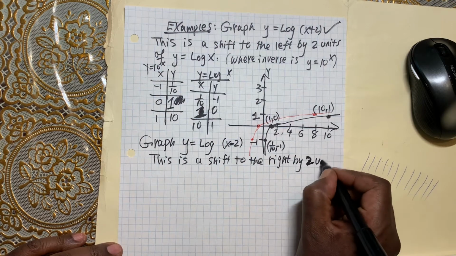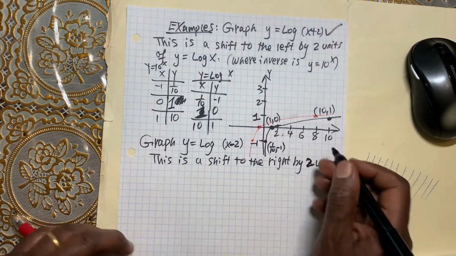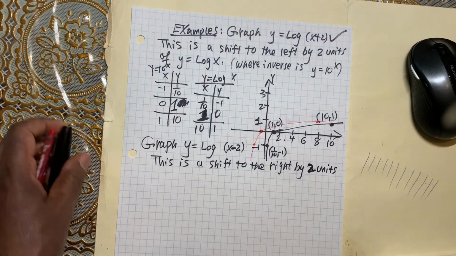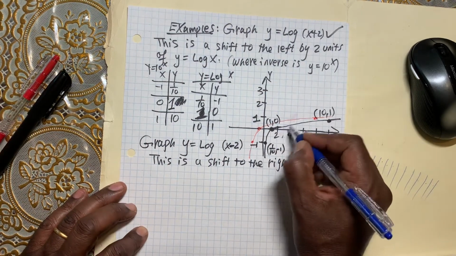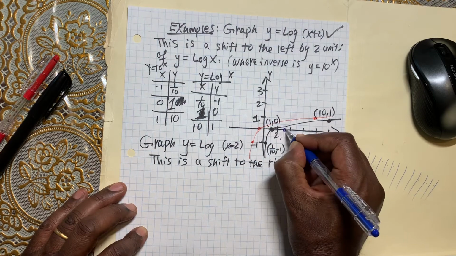So I'm just shifting this 2 units to the right, meaning the 1, 0 becomes 3, 0 here.